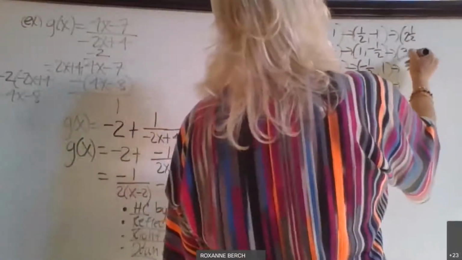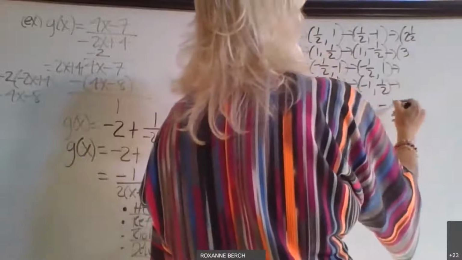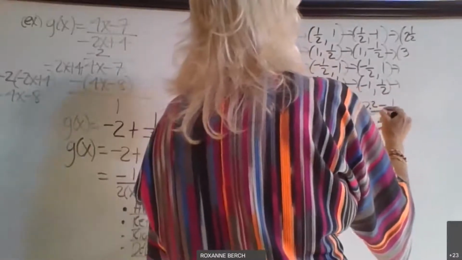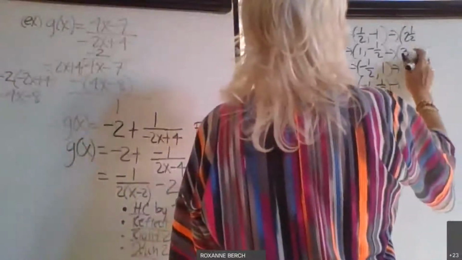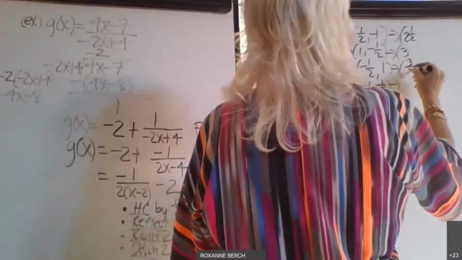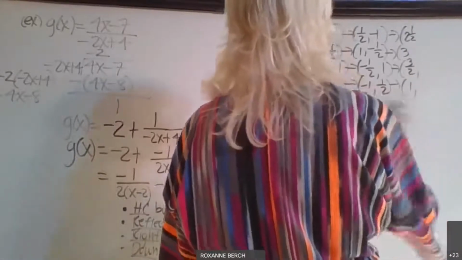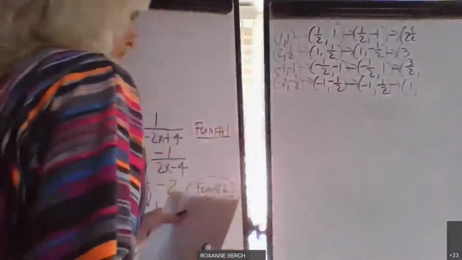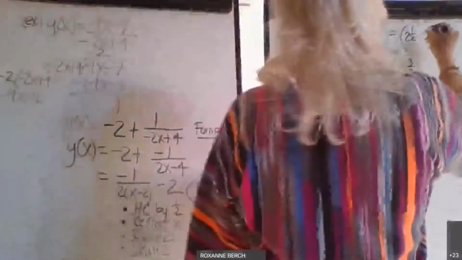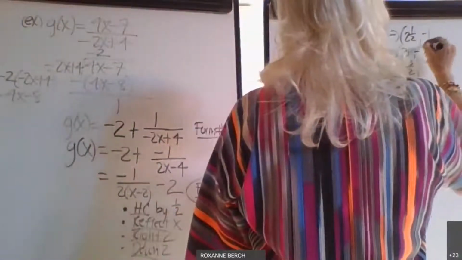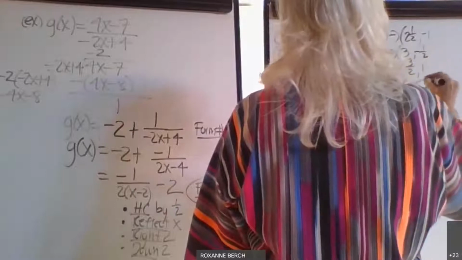Right 2 would make that 3. Right 2. So wouldn't that be 3/2? And right 2 would make that what, a 1? So this would be -1, -1/2, 1, 1/2.